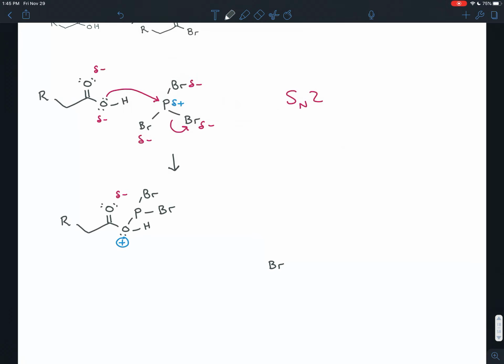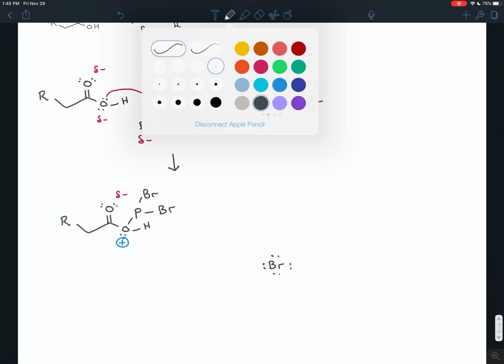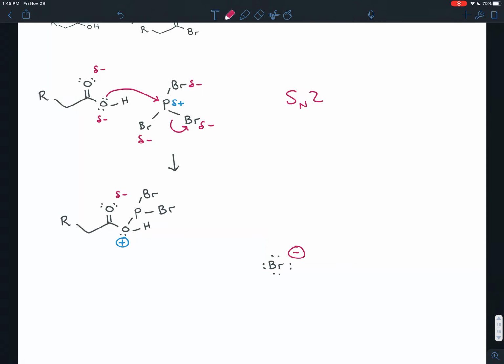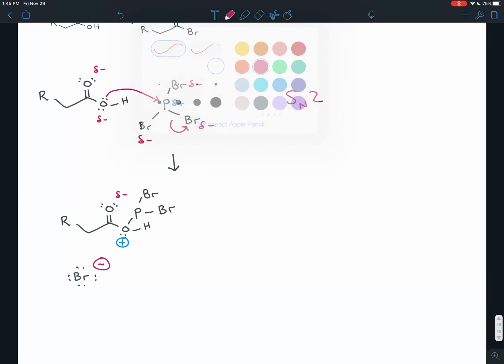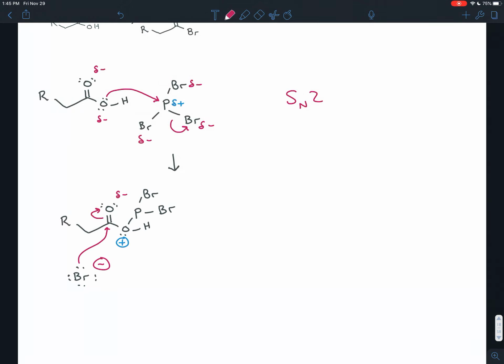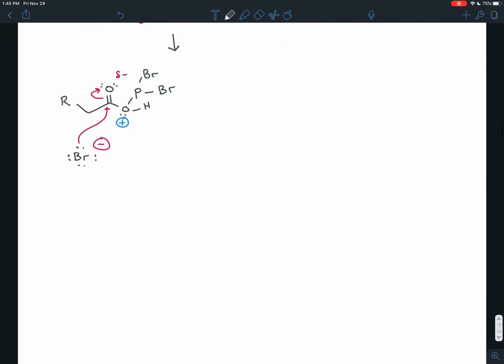And so the bromine that was expelled can come back and do a nucleophilic acyl substitution. So it attacks the carbonyl carbon, the pi bond breaks, you get your tetrahedral intermediate.